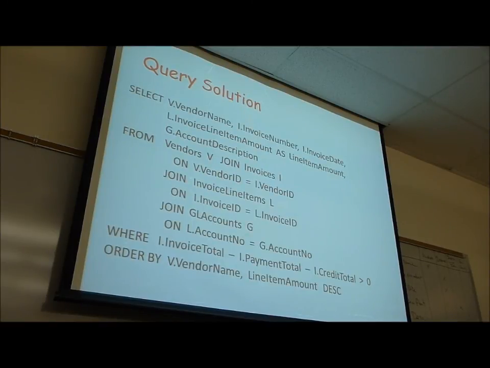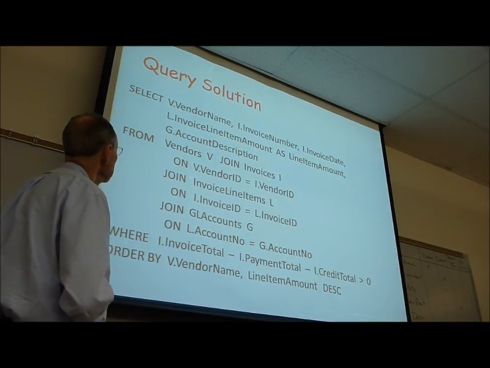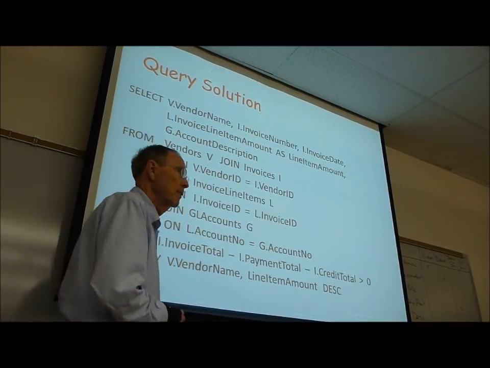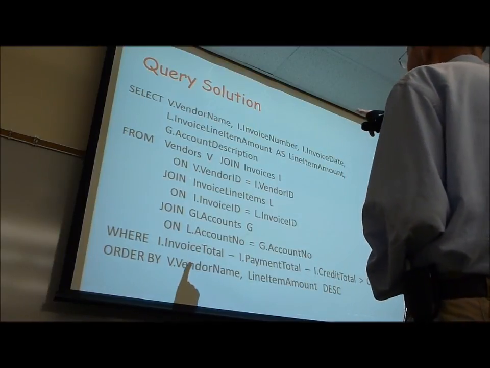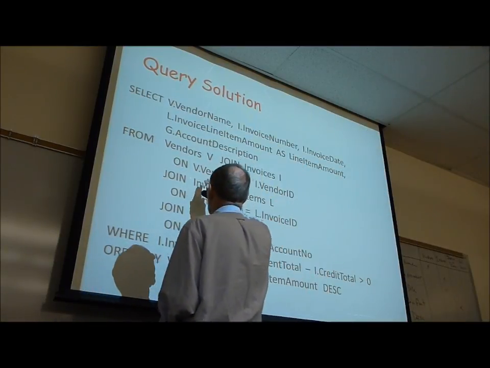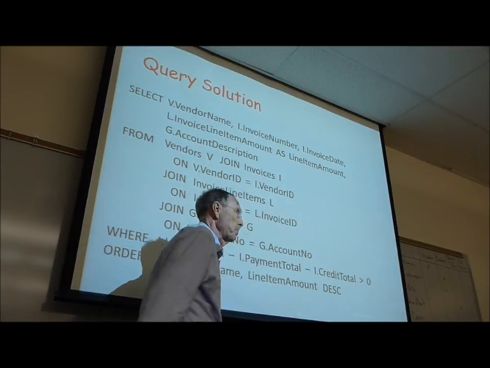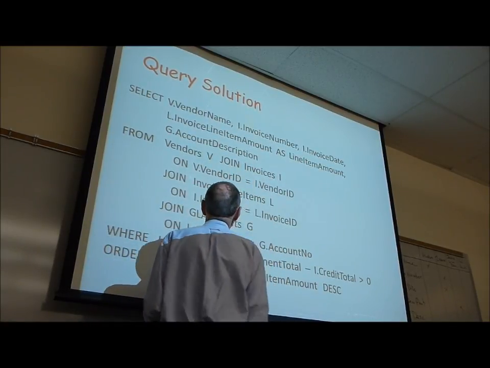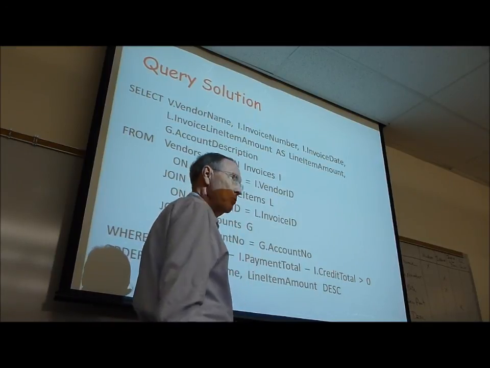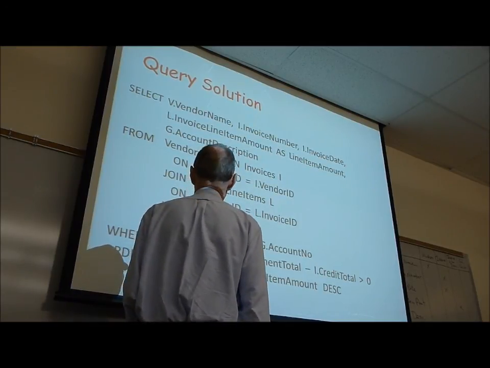Okay, wow. Now it's starting to get pretty ugly. But we laid things out so we can see things. So first of all, the join is the thing that takes place. It's going to join vendors and invoices on the vendor ID. That's what we saw.